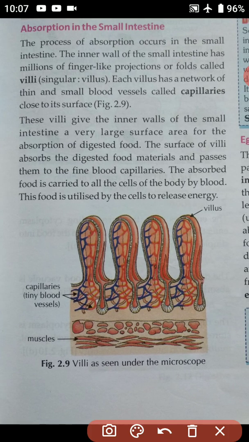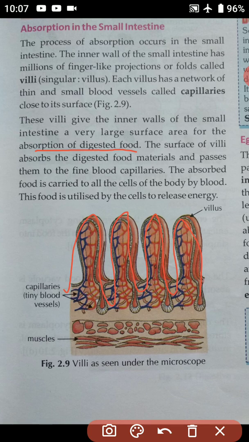You see here, the villi give the inner wall of the small intestine a very large surface area for the absorption of the digested food. From the image it is clear that the villi give a very large surface area because they consist of millions of finger-like projections, providing a very large space to absorb the digested food.